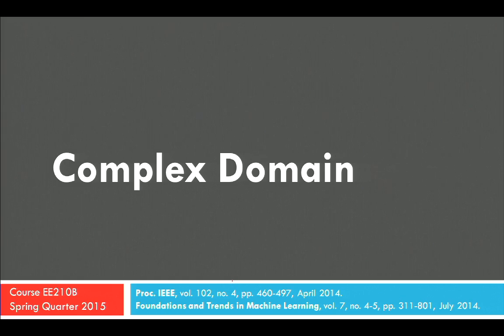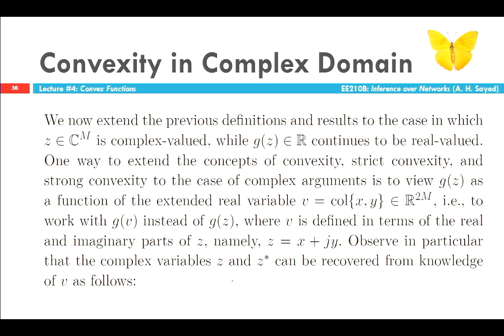Fine. So let's move on to the complex domain. Most of you may have seen what I talked about in the real case, convex functions with real arguments. I want to extend this to the complex case. Many of you may not have seen this because it's not that common in the literature, but I explained earlier why I would like to do this.